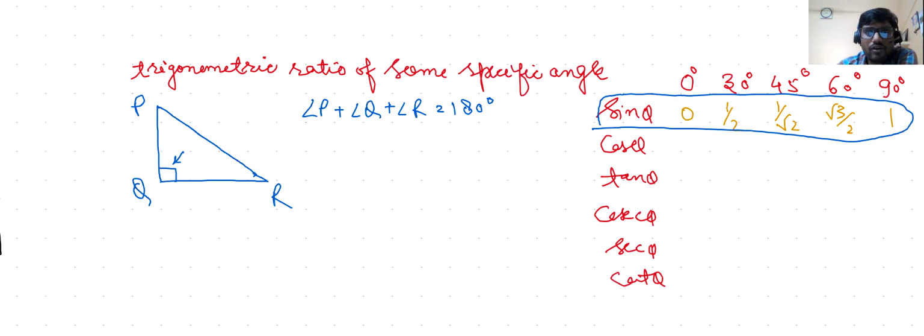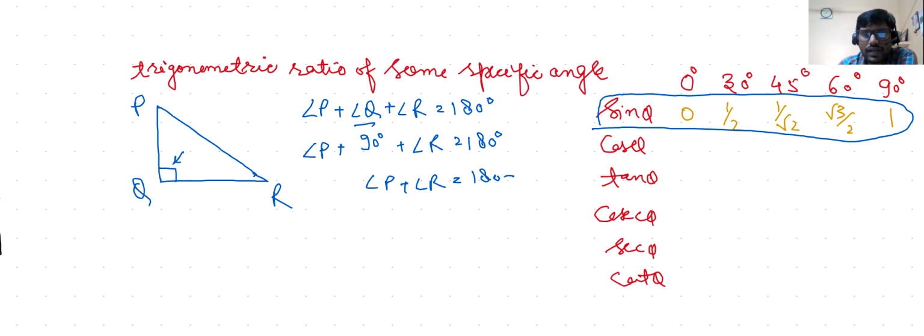Angle Q is 90 degree, so angle P plus 90 plus angle R equals 180 degree. So angle P plus angle R is 180 minus 90 degree, which is 90 degree.